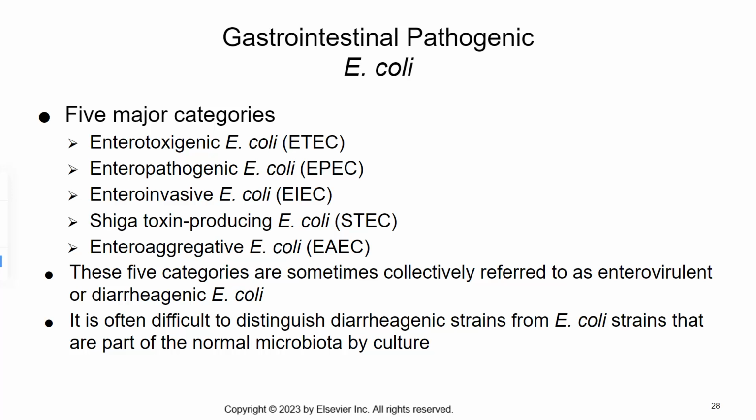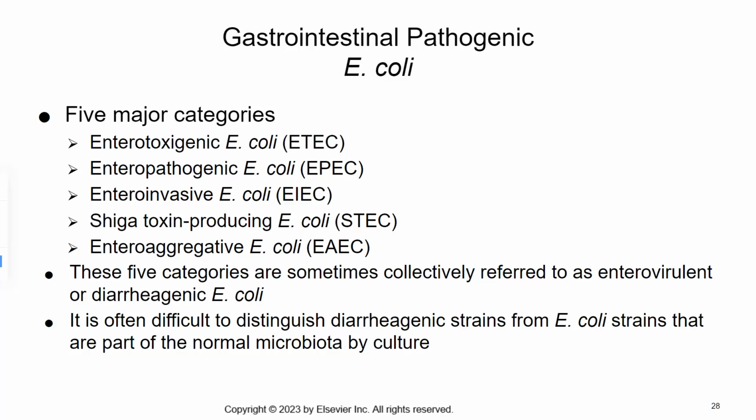Gastrointestinal pathogenic E. coli: there are 5 major categories that we're going to go through. Enterotoxigenic, ETEC; enteropathogenic, EPEC; enteroinvasive, EIEC; Shiga toxin producing, STEC; enteroaggregative, EAEC.